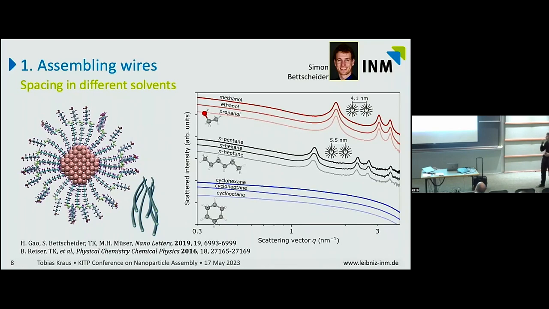That was a bit surprising, because we had thought the alkanes should be very good solvents. These linear molecules should be able to fit into this shell. Why would they be worse as a solvent? Why would they initiate this type of assembly more readily than these cyclic alkanes, which are different in structure from the linear ones? And it turns out the reason is an interesting entropic mechanism.